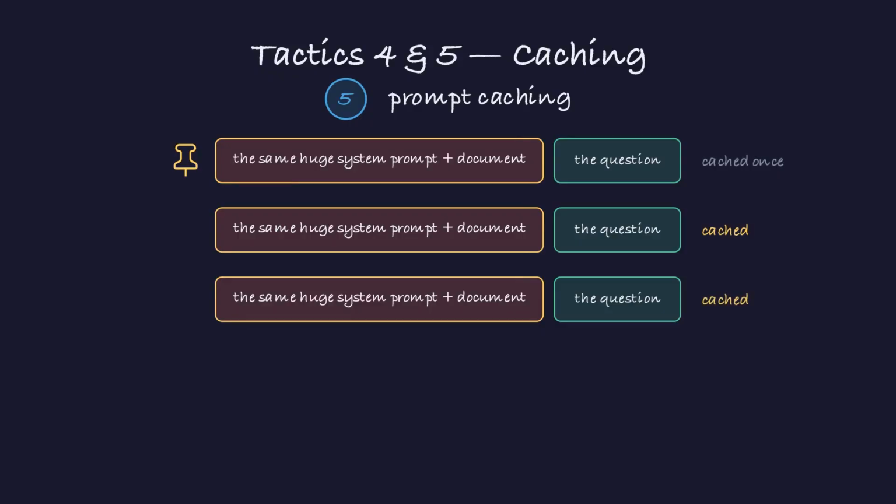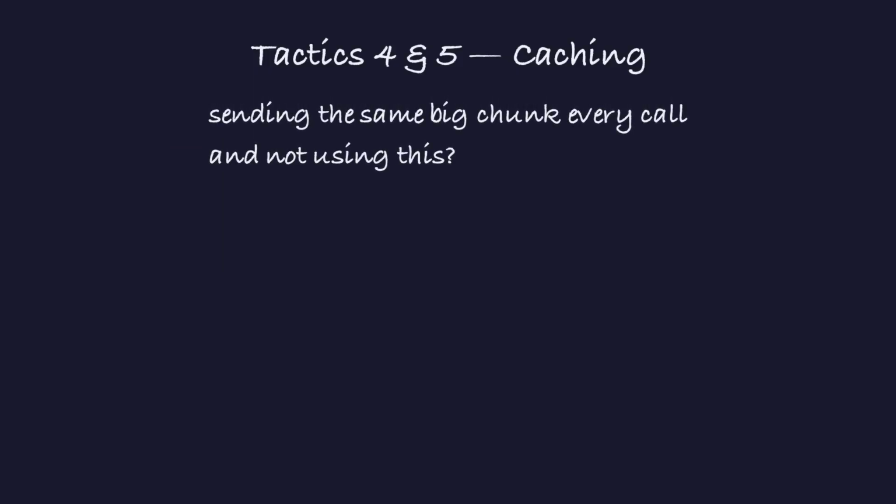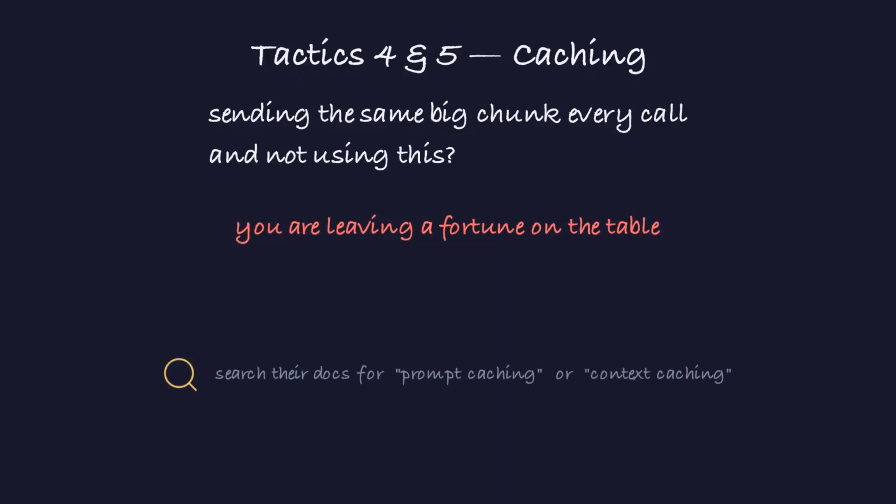So after the first call, that repeated context is dramatically cheaper, often around 90% off. If you send the same big chunk on every call and you are not using this, you are leaving a fortune on the table. Go check your provider's docs for prompt caching or context caching. Turn it on.